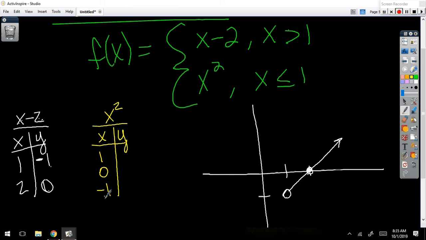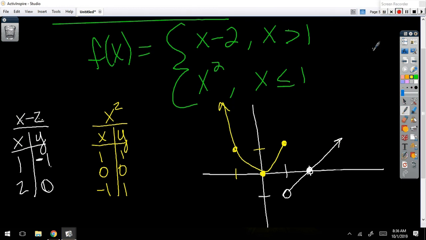Now, if you want to go through and find the vertex, see where that happens, that's fine too. 1 squared is 1. 0 squared is 0. And negative 1 squared is 1. You see I found that vertex. So 1, 1. 0, 0. Negative 1, 1.